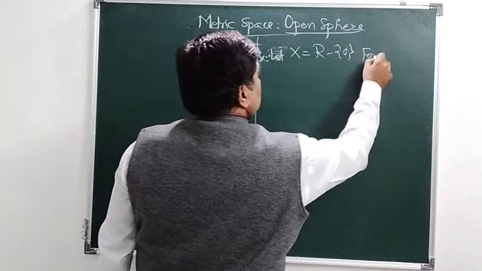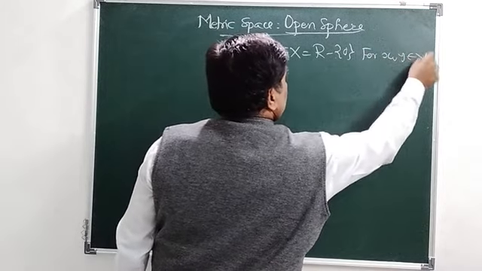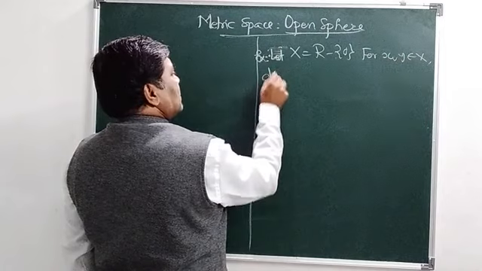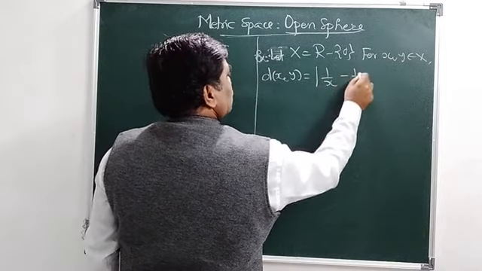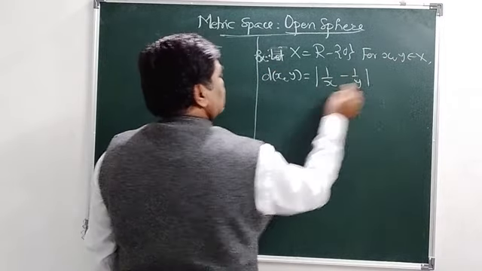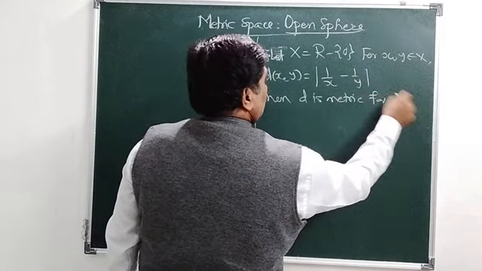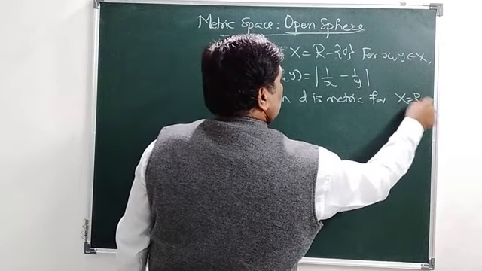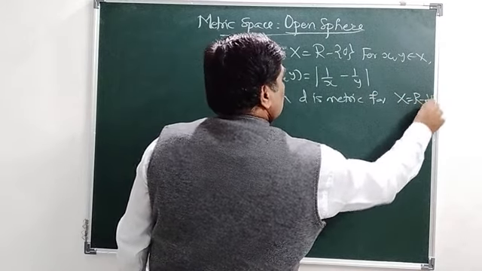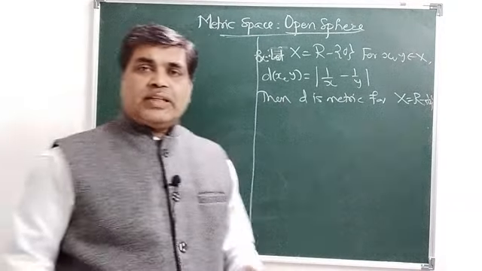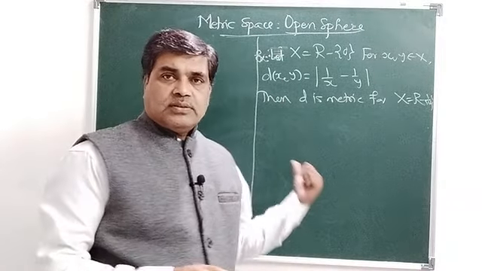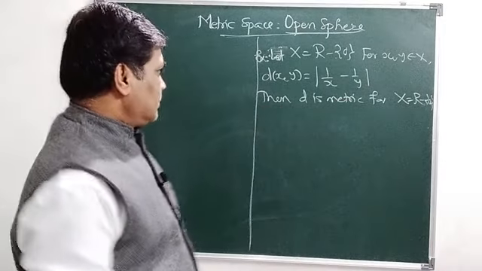For x, y belonging to X, I defined d(x, y) equal to mod of 1/x minus 1/y. Then d is a metric on X, the set of non-zero real numbers. So I think you may have had a problem showing how it is a metric.